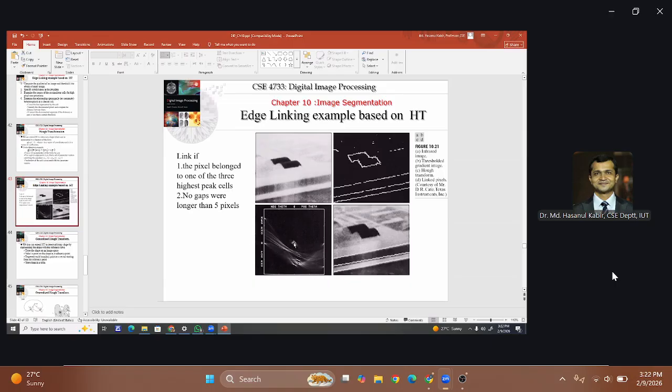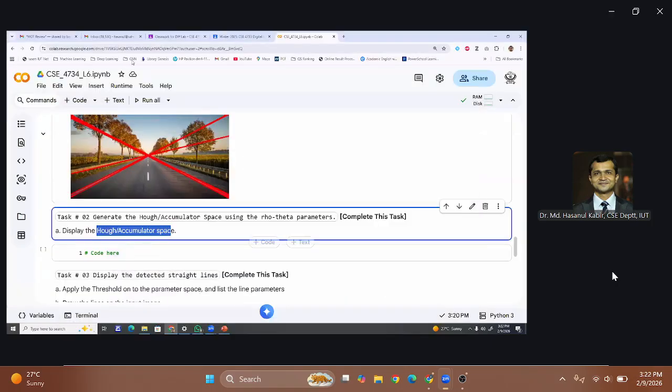And if you go for the highest contributing line or edge pixels, you will be able to draw the straight lines according to the threshold values. So your objective now is to produce this accumulation space where you implement the Hough transform yourself, and then you will be able to display the voting space or the accumulation space. Is it clear?